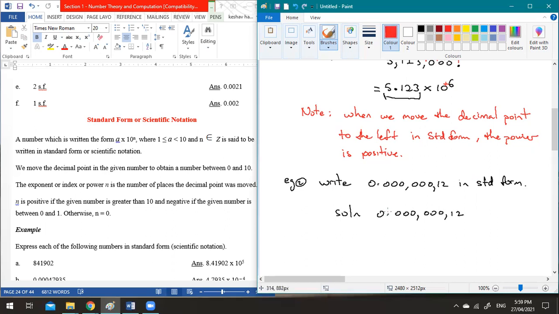So the decimal point was here. We move it 1, 2, 3, 4, 5, 6, 7 spaces in this case. So you'll get 1.2 times 10. Now this number, 1.2, is larger than this number. So this negative sign means that you will have to divide, right?